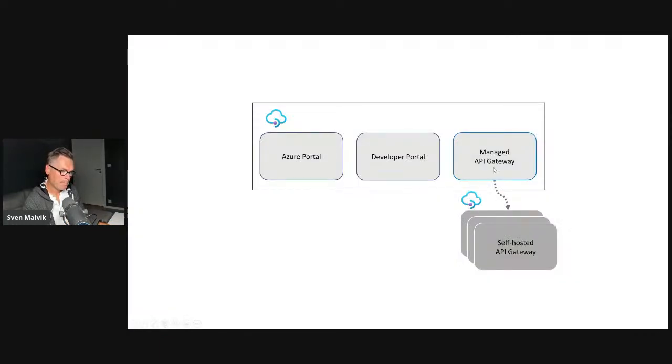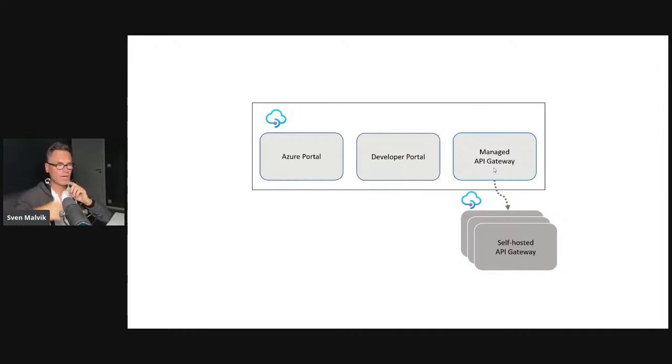And then we have the managed API gateway. The managed API gateway is really the API gateway which is managed by Azure API Management. You can't do anything without it. Well, it's just there. So that means all your requests go to the managed API gateway and then to your instance.